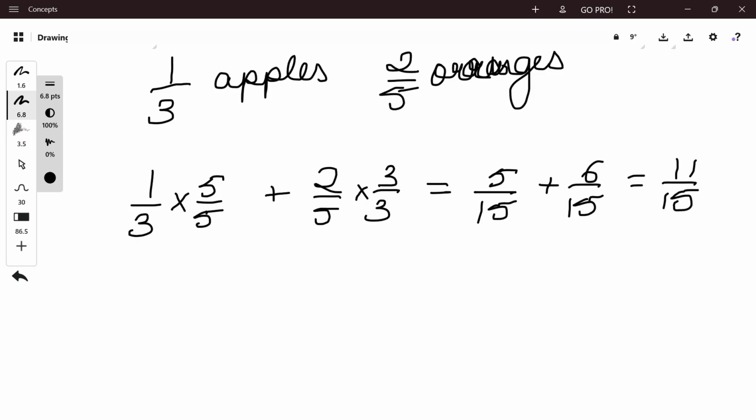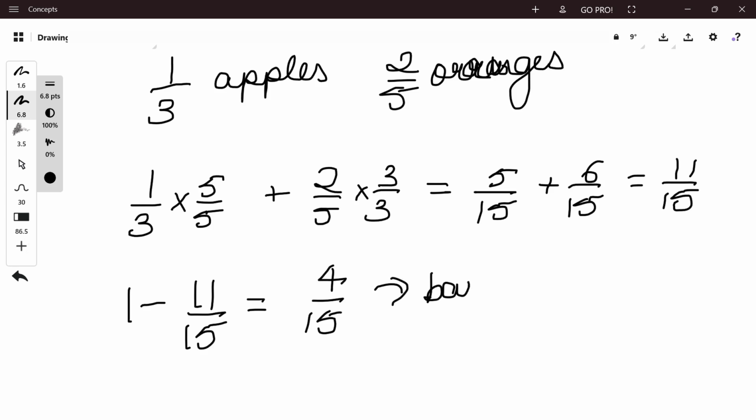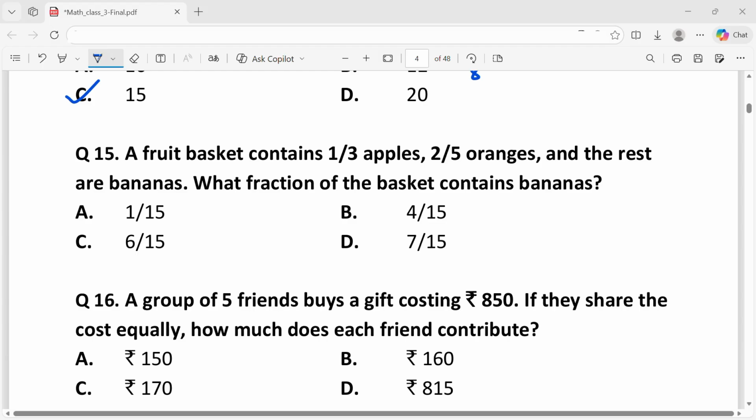So the rest are bananas, that is 1 minus 11 upon 15 is equal to 4 upon 15, which are bananas. From the given options, the answer is B, 4 upon 15.